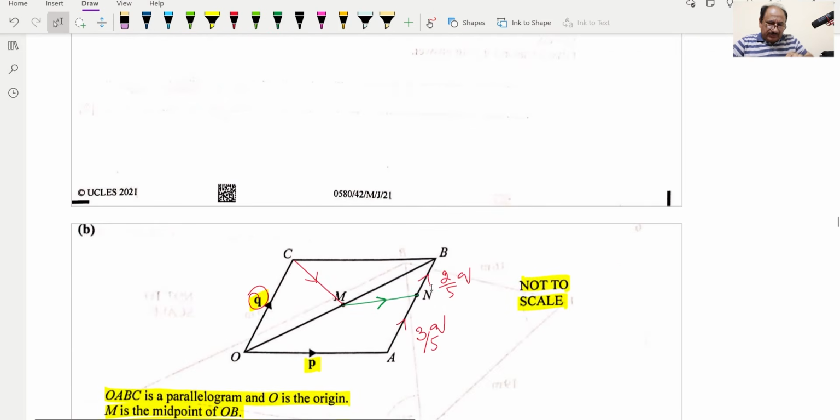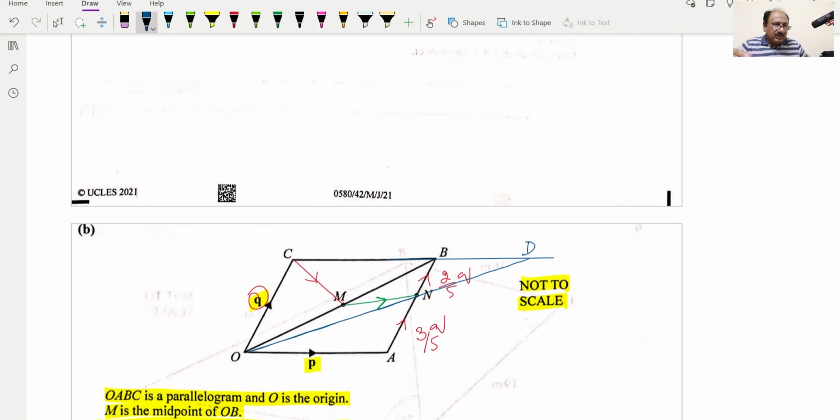The extension of CB will be this one, and if we extend ON properly, this will be the point D which we got.